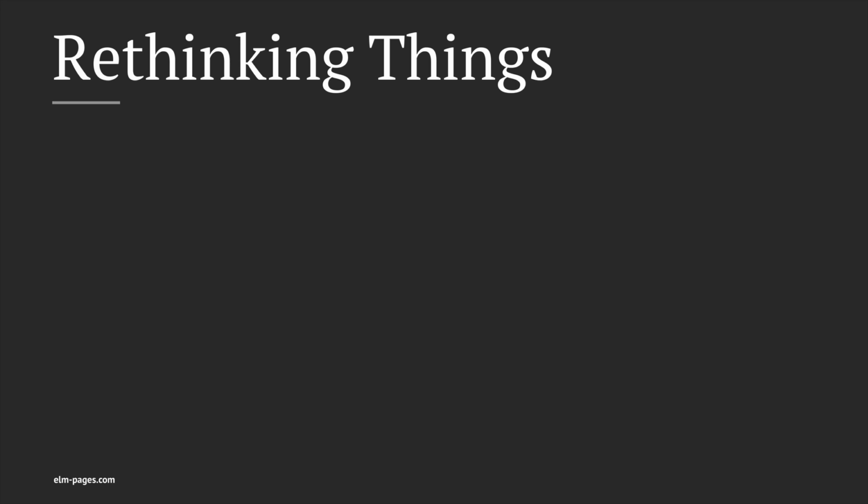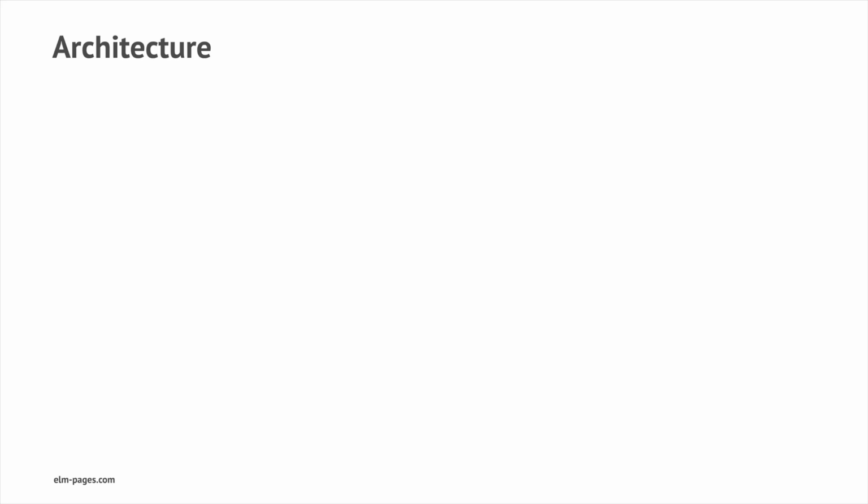Okay, so some things to rethink. I want to rethink some things from the ground up. So the architecture I talked about, instead of big batch, build the whole world, let's do one piece at a time. So if you give me a URL, I can render that page. That opens up some really interesting things, because that means now we can do serverless responses. So now we can say, hey, somebody just hit this URL, but there's no pre-rendered page for this.